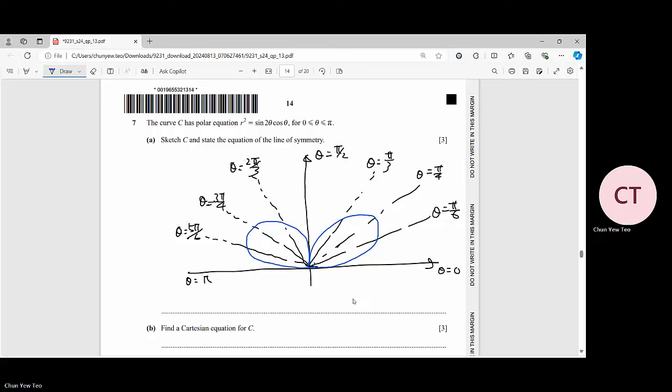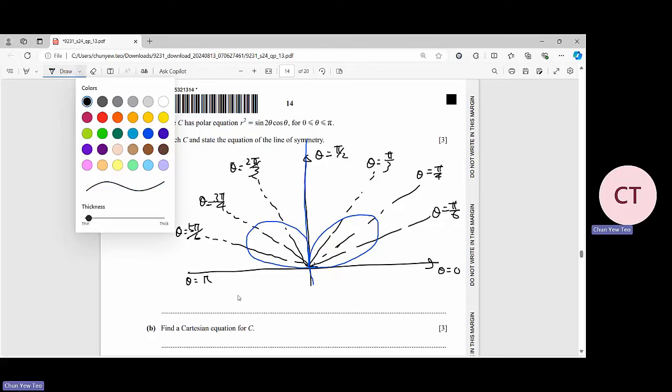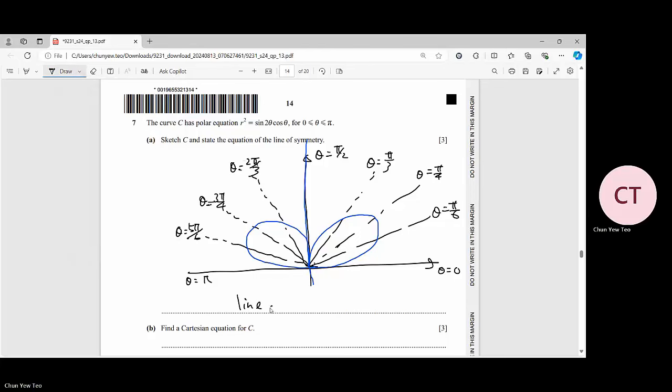Over here, you can see that the line of symmetry is over here. So you can just say that the line of symmetry is theta equals pi over 2. Just like that, done.